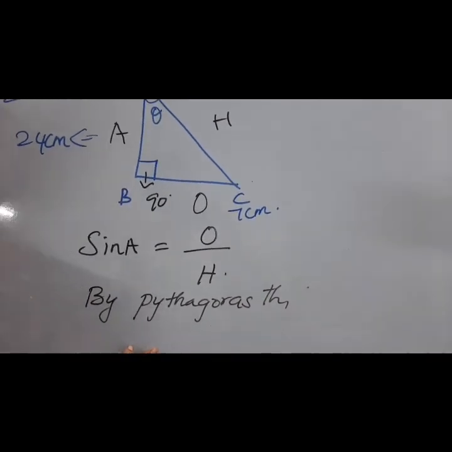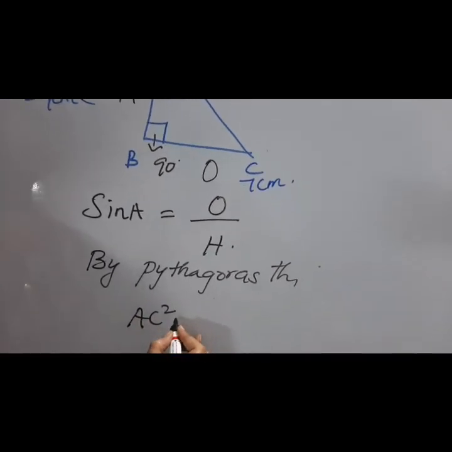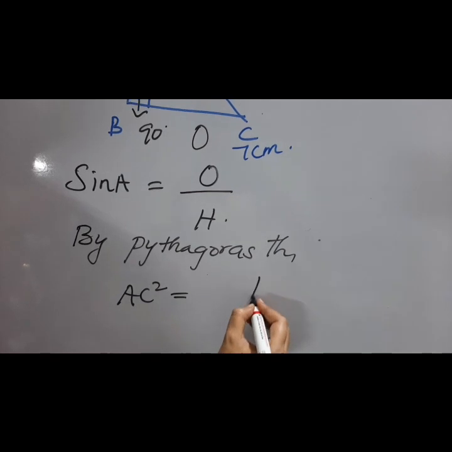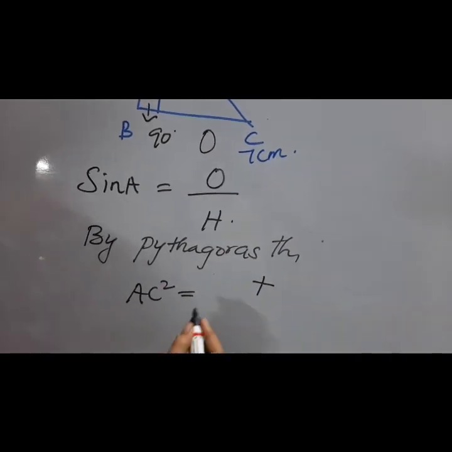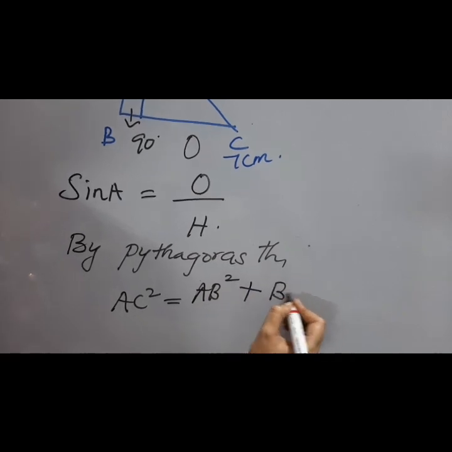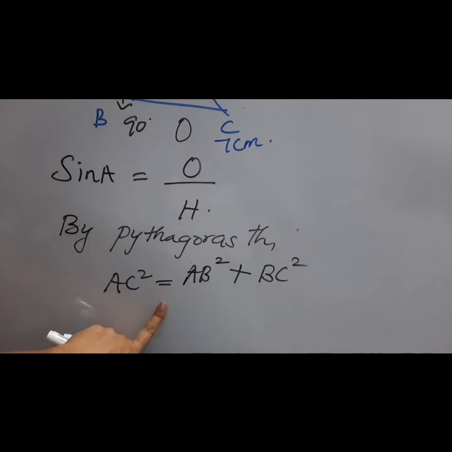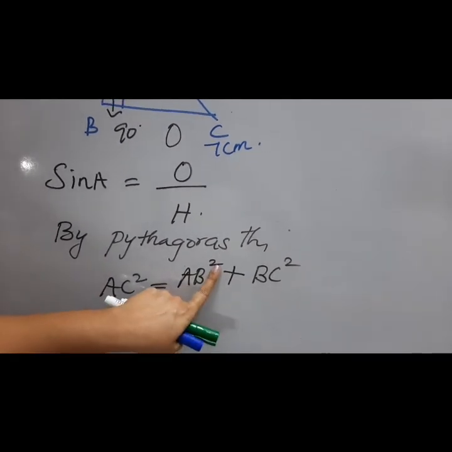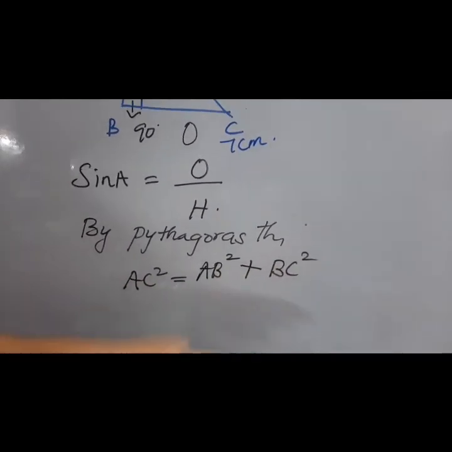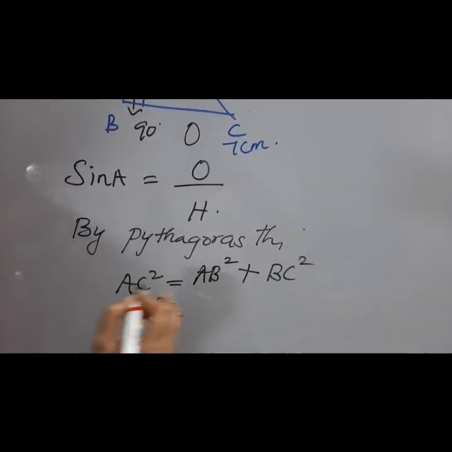What Pythagoras theorem states: the square of the hypotenuse is equal to the sum of the squares of the height and the base. Here we want to find AC.